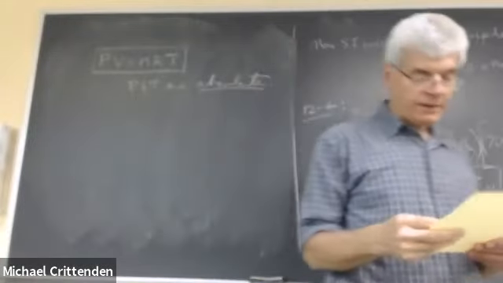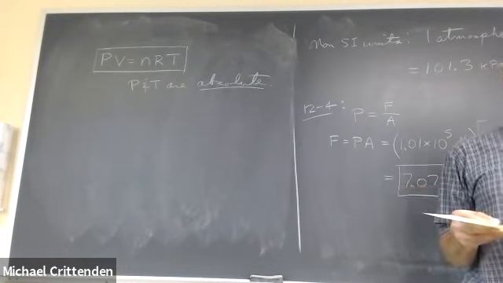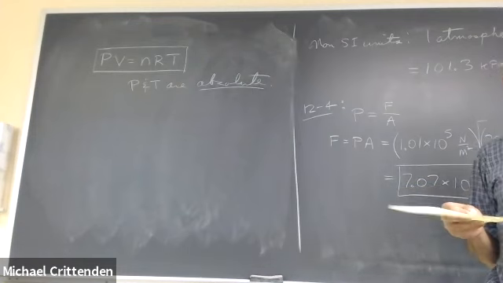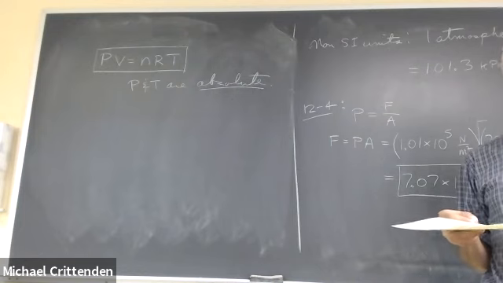The equation of state for an ideal gas, PV equals nRT. P for pressure, T for temperature, and as I mentioned a couple of minutes ago, both those things have to be absolute.